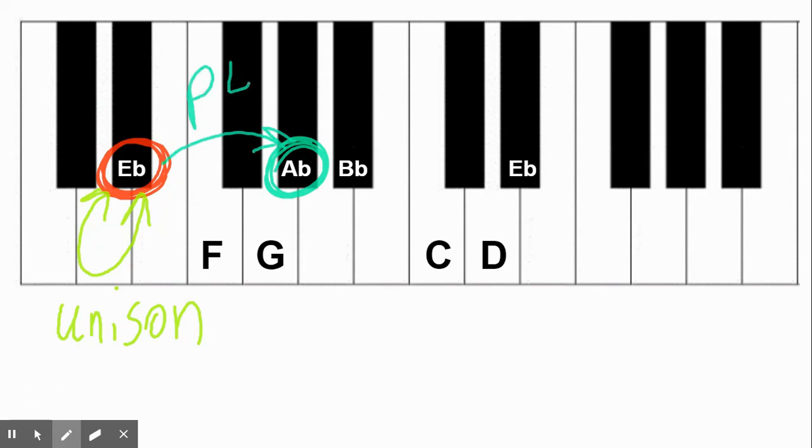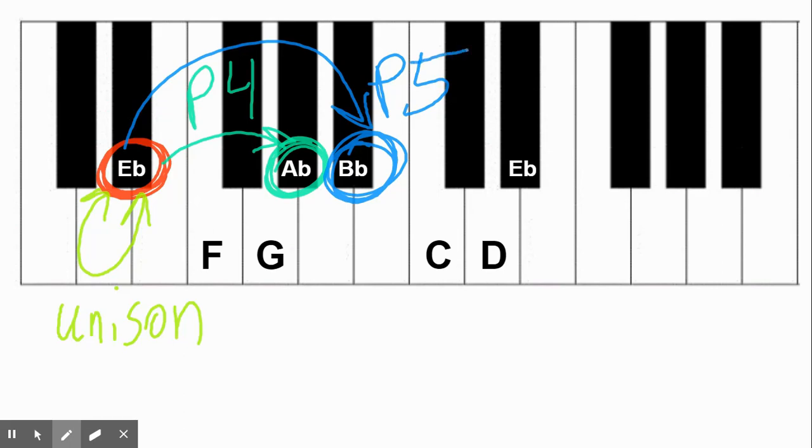You're still going to write P4 for perfect fourth, but if you're talking to piano tuners, you can just say fourth. If you move to a B flat, that is going to be a fifth. If you move to E flat, that's going to be an octave.